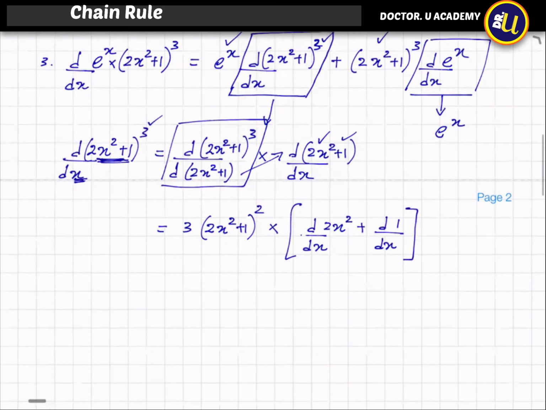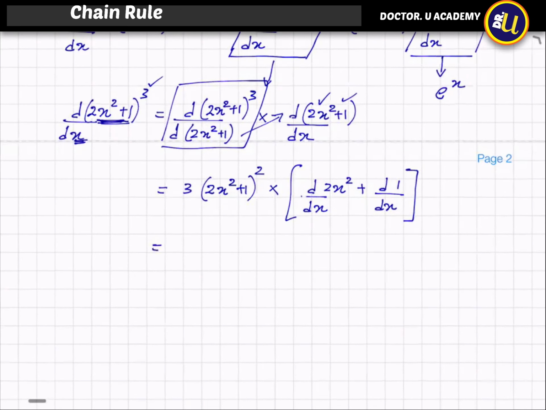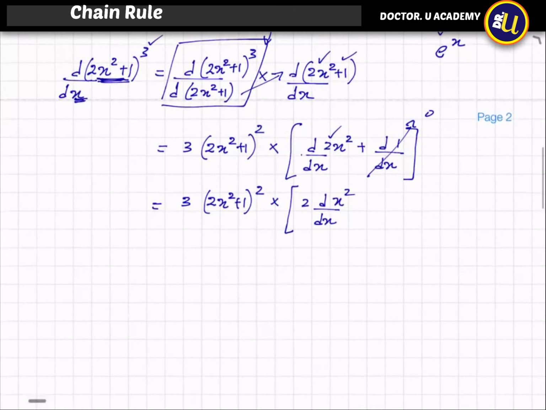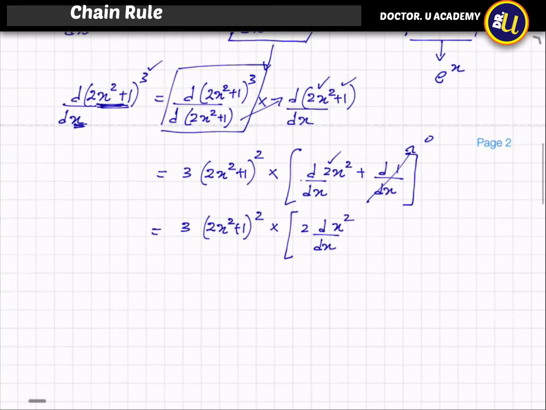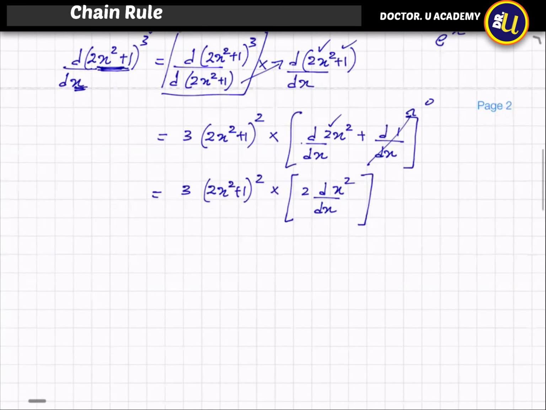So this is what we have. Now we have 3 (2x squared plus 1) squared. Here this 2 is a constant, so you can take it out, and here this one is 0. Why? The derivative of a constant is 0, so this is what we have left.